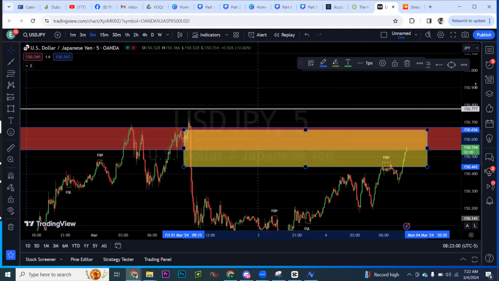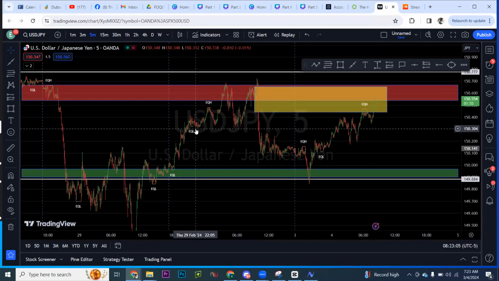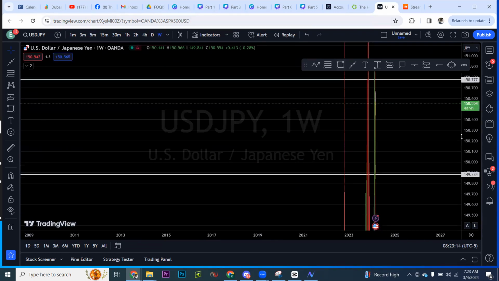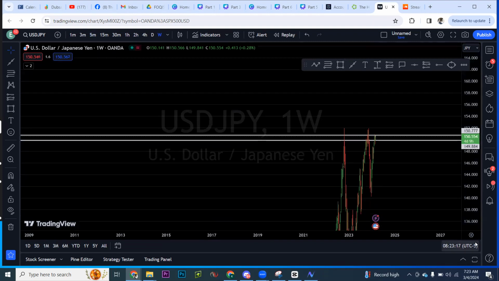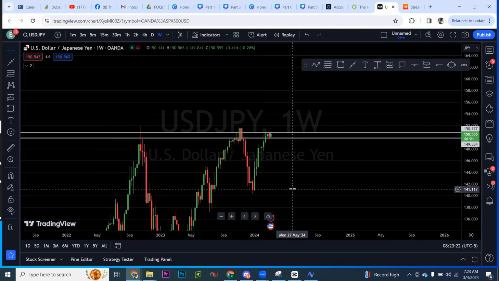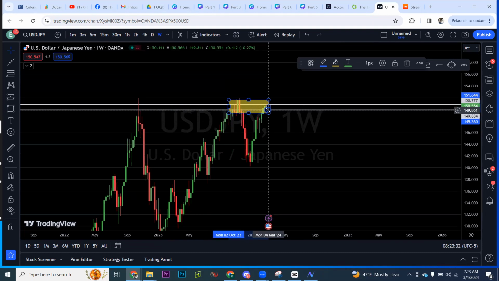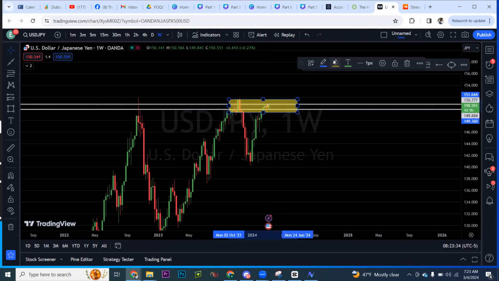Not only do I see this, but to give y'all an overall picture, a bigger picture, and I'm not even a swing trader like that. But as you go to the weekly time frame, this is all you need to see right here.